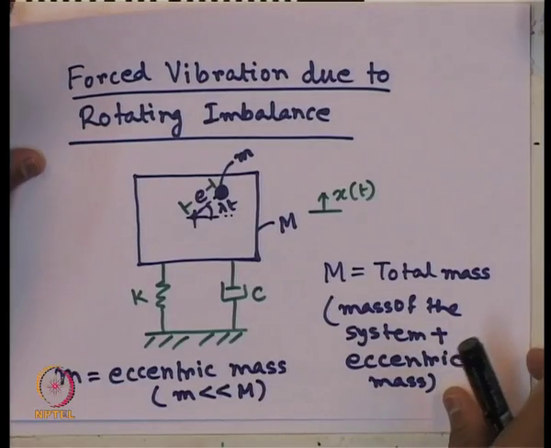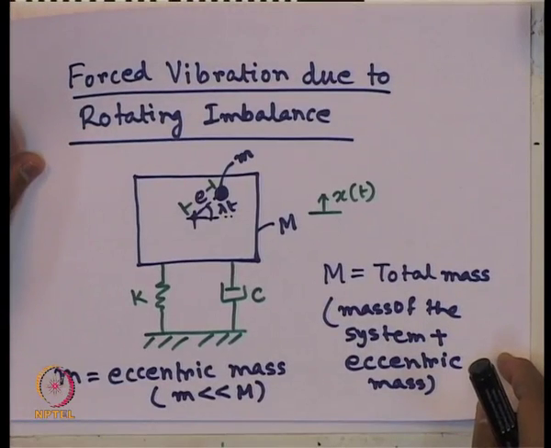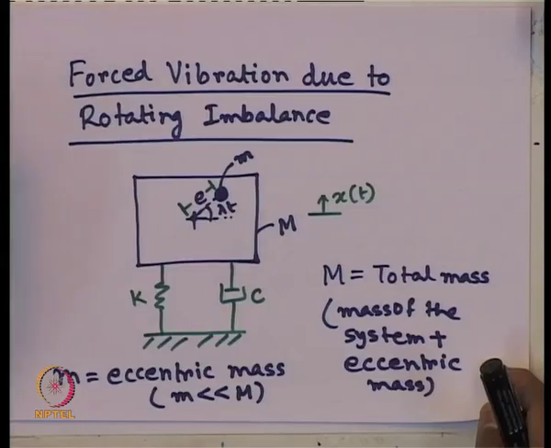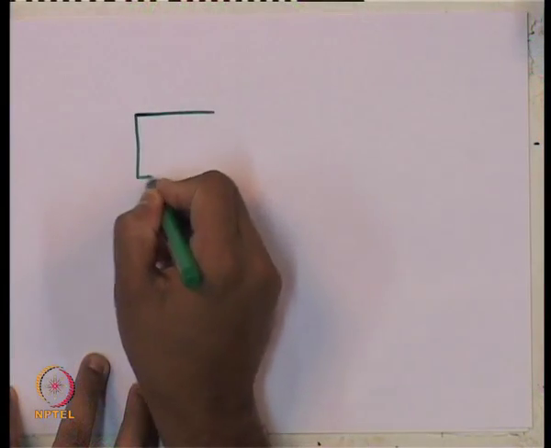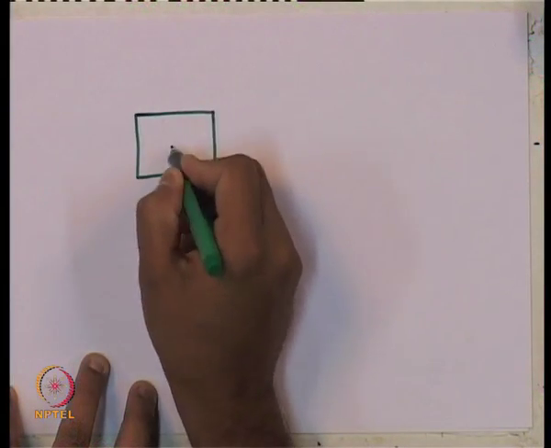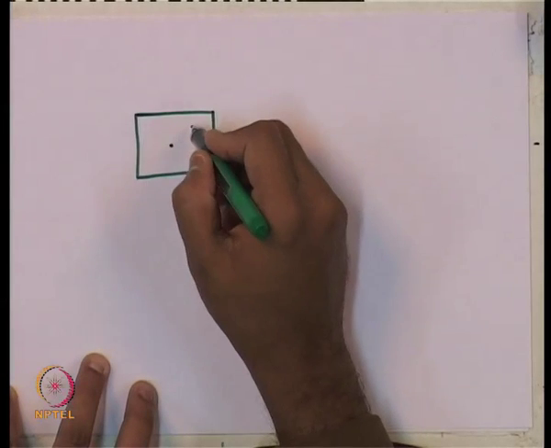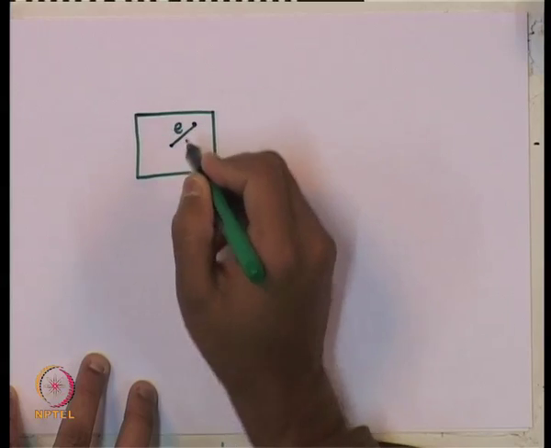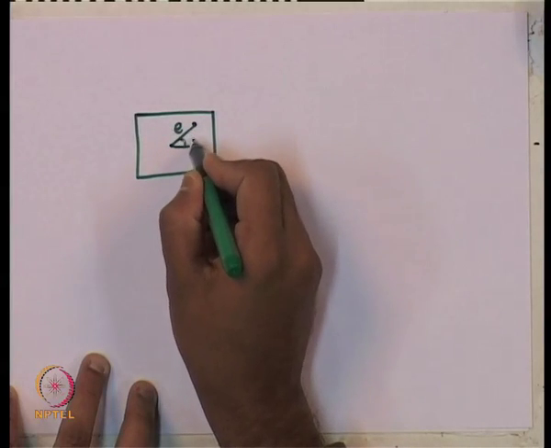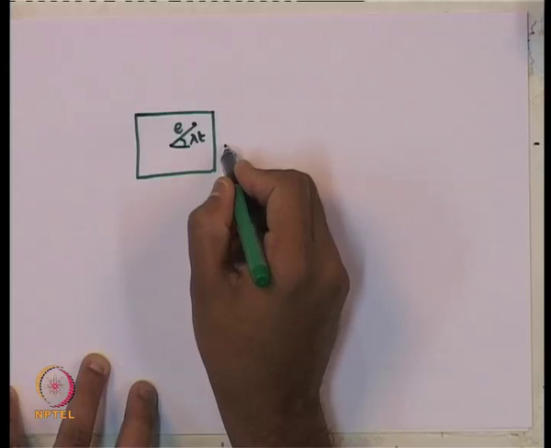So, what will be our equation of motion for this single degree of freedom system? Let us see. If I try to draw the system once again, about this CG, I have a rotating mass here with E, this angle is lambda t.